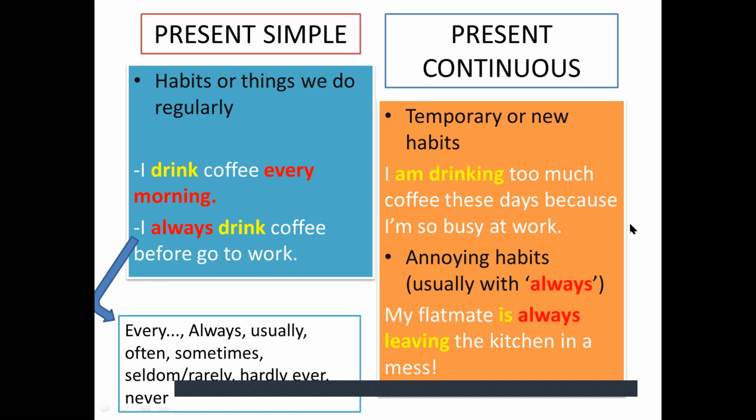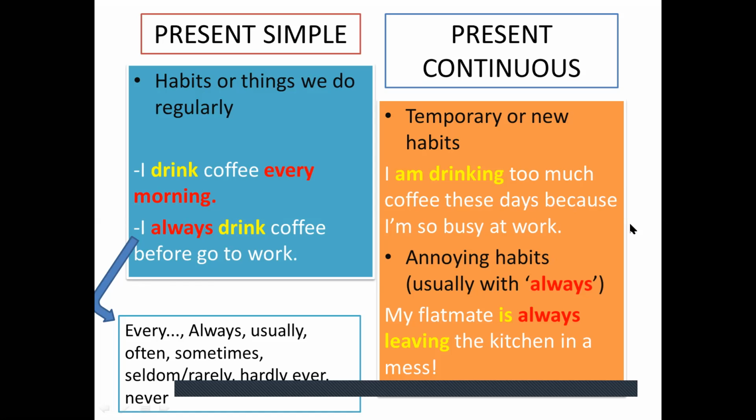And present continuous is also used to tell us about an annoying habit, usually with always, to indicate that this particular habit is annoying. For example, my flatmate is always leaving the kitchen in a mess. So this flatmate has a habit, and this habit is annoying.